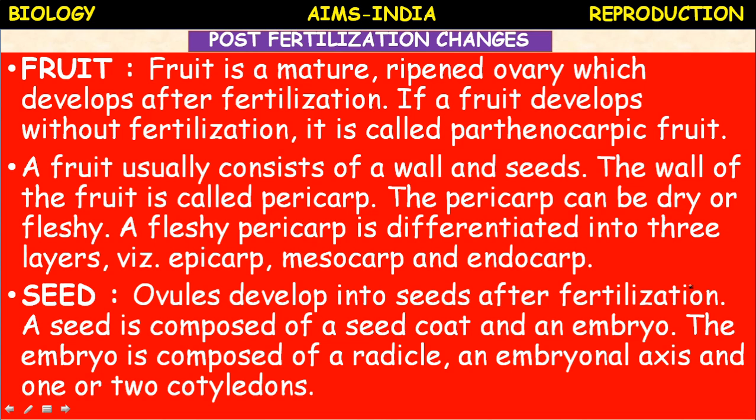For example, tomato, grapes, cucumber, pea, these are all true fruits. False fruit means the fruit derived from the ovary along with other accessory floral parts. It is called a false fruit. Example, strawberry and apple.